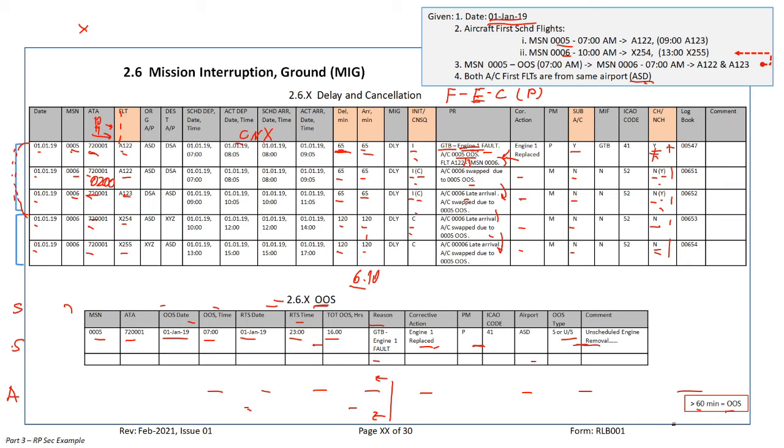So if our aircraft is on the ground, delay or cancellation, whatever, just for a technical reason, more than 60 minutes, then this event belongs to the auto service group, auto service table, auto service system.